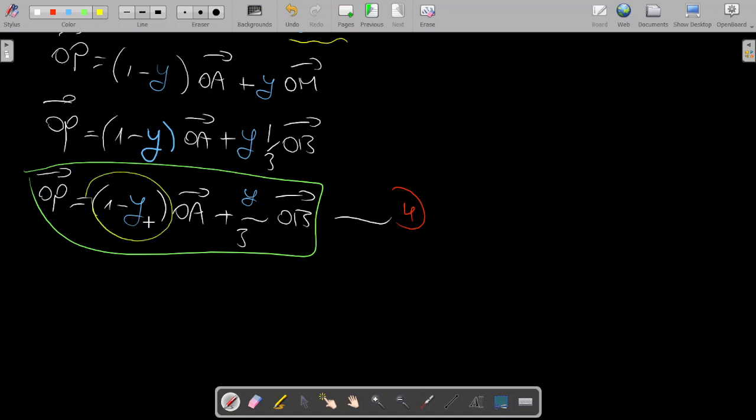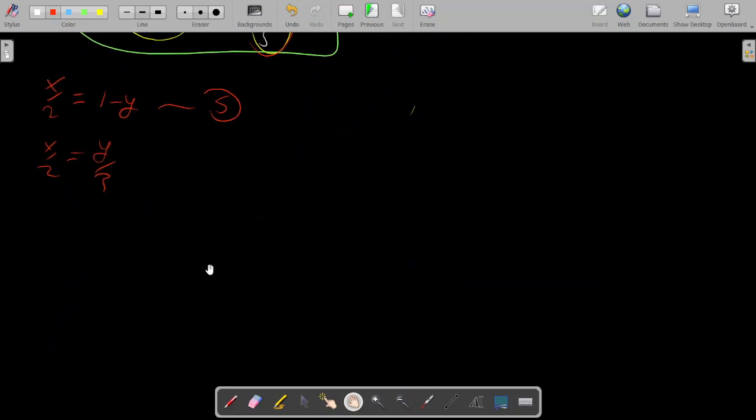What is the meaning of that? It means that these two equations can tell us that the x over 2, this is the coefficient of the first equation of OA, equal to this one, equal to 1 minus y. This is equation number 5. While x over 2 as well of this part is equal to y over 3.